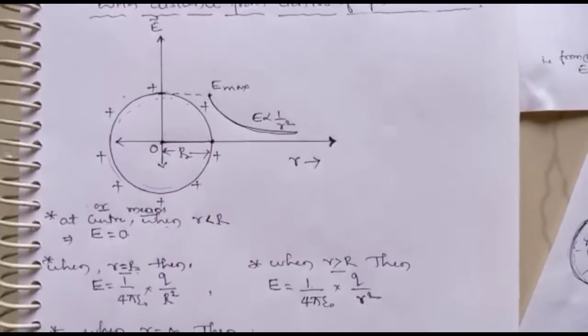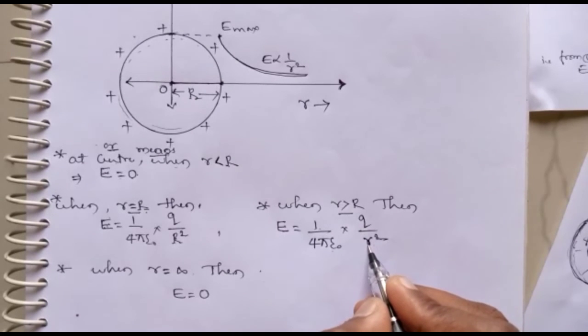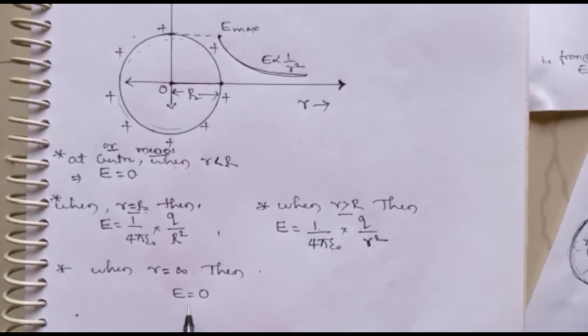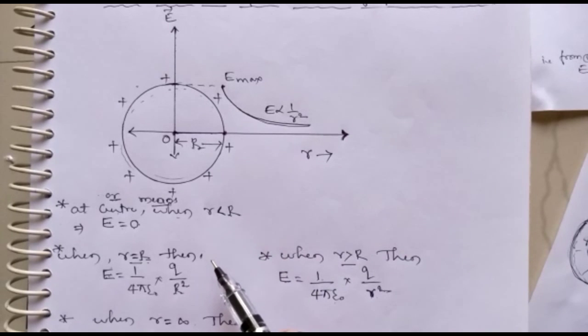Finally, when r equals infinity, q by infinity, anything divided by infinity, equals 0, so the electric field E equals 0. These are the electric fields at different distances.